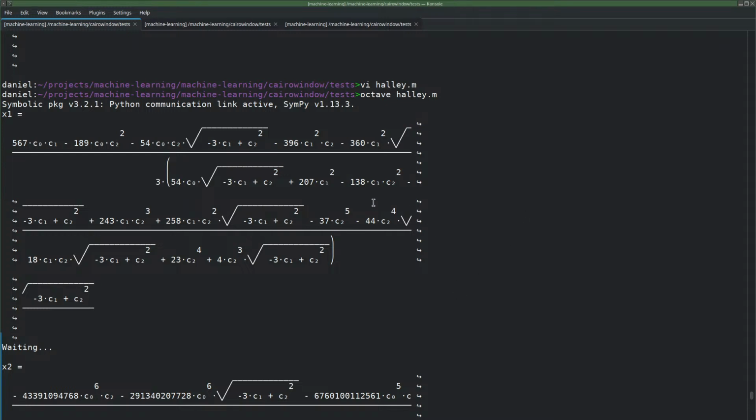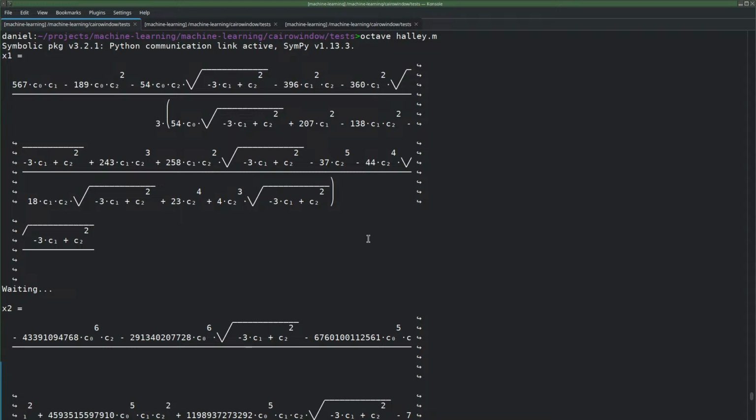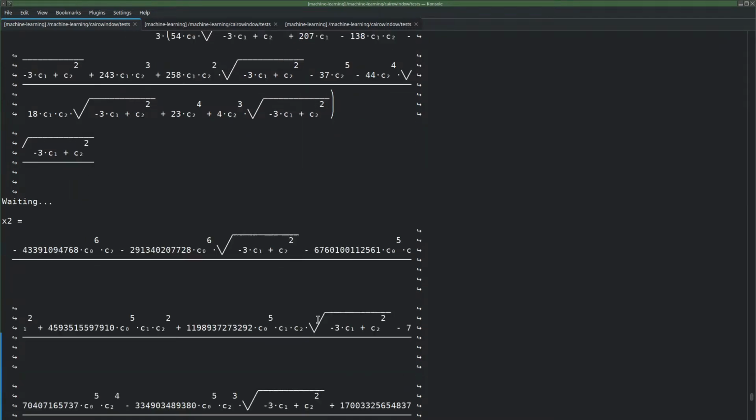It is, of course, true that the square root is never going to get more complex, is it? It's always the square root of minus 3c1 plus c2 squared.